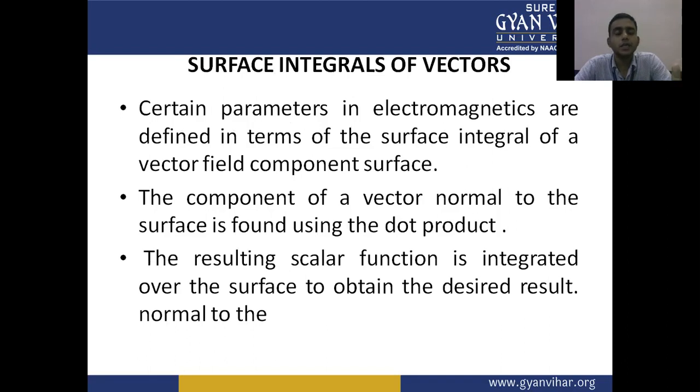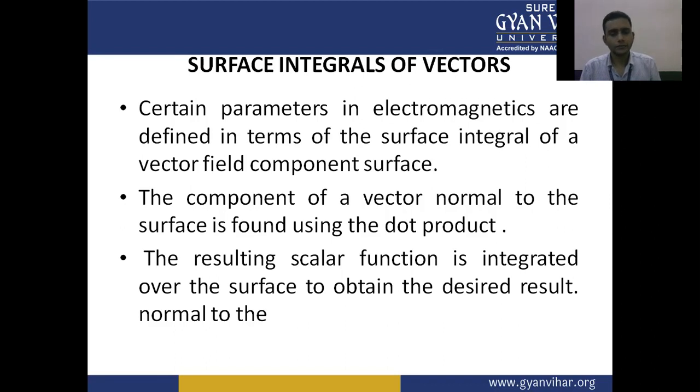Now after the line integral, we have the surface integral of vectors. Certain parameters in electromagnetics are defined in terms of the surface integral of a vector field component and the surface. The component of a vector normal to the surface is found using the dot product.